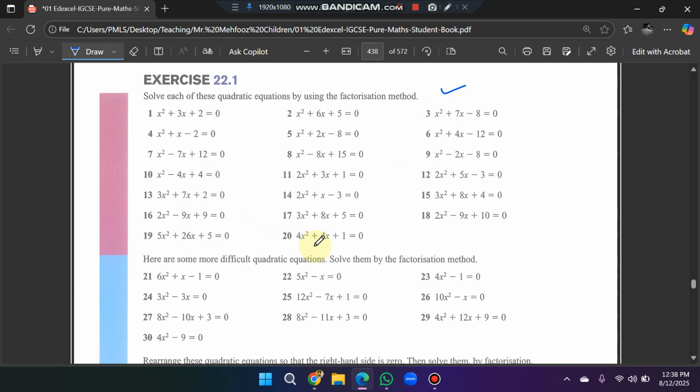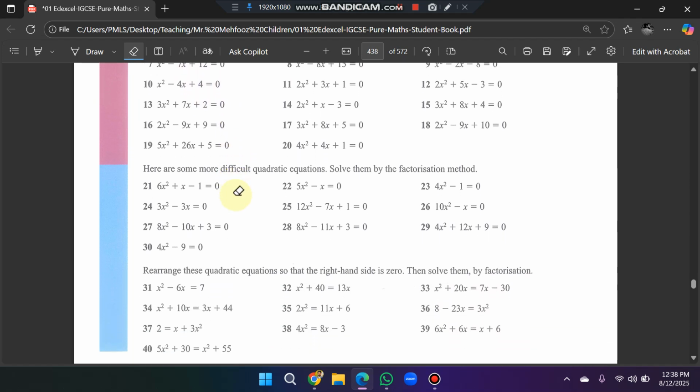You can see that the first 10 questions have the x square term with coefficient 1, and the next 10 questions have coefficients of x square other than 1. So you have done all types of questions, where the coefficient of x square is 1 or other than 1, right?